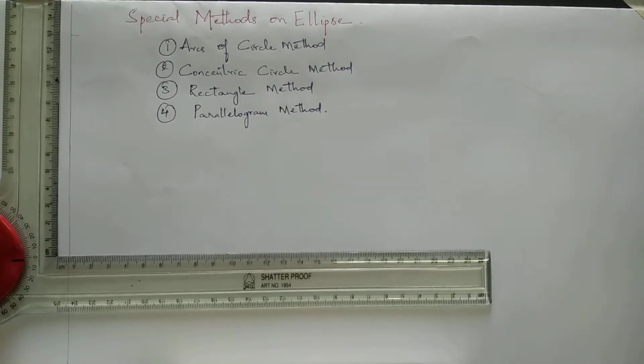Now, in these special methods, we go ahead with drawing the ellipse by using the major and minor axis.